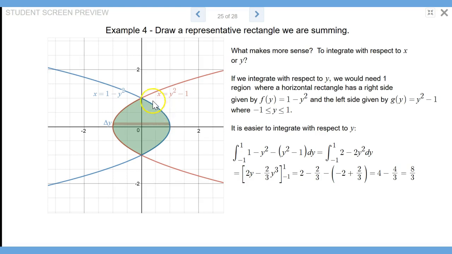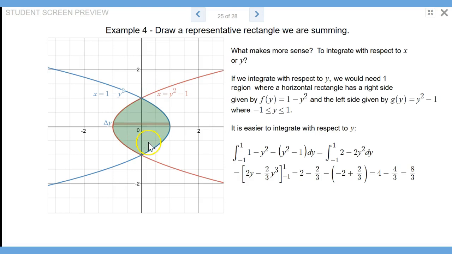because now we just have one region, because x equals 1 minus y squared, this blue graph, lies entirely to the right of the red graph, which means that the x values returned from 1 minus y squared are always larger than the x values returned from y squared minus 1.